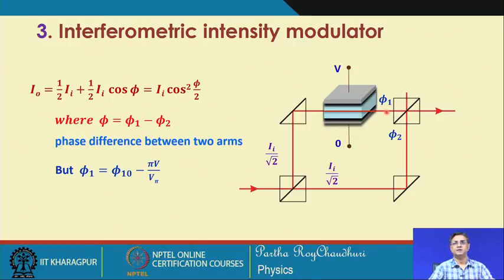Phi 1 is the phase difference which is due to this path, and phi 2 is the phase difference along this path. Now, phi 1, because you have an additional phase which is incorporated by this impressed external electric field. So, apart from the base phase, you have an additional variable phase.